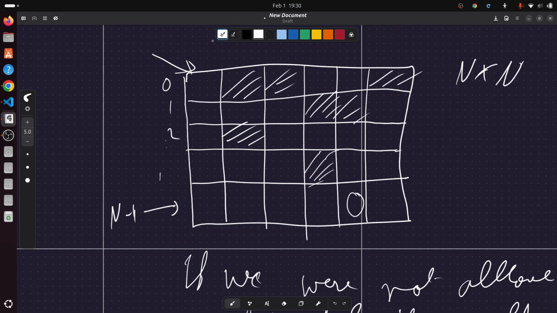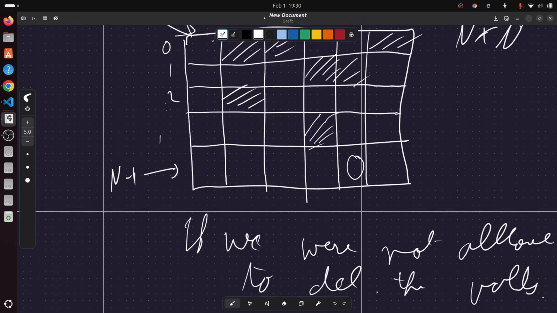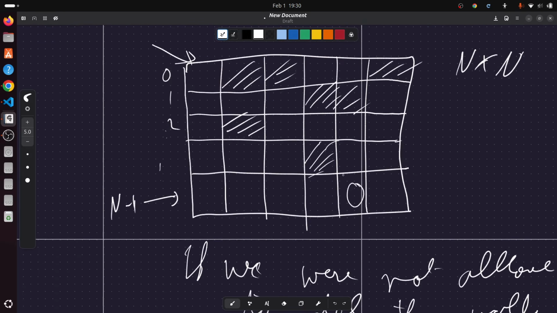So if we figure out when we can do that, then again it would become very easy. Let's say we have this grid only. Normally what you would do is from here you can only go to here or here, right? But right now, as you can see, you can go to here as well.